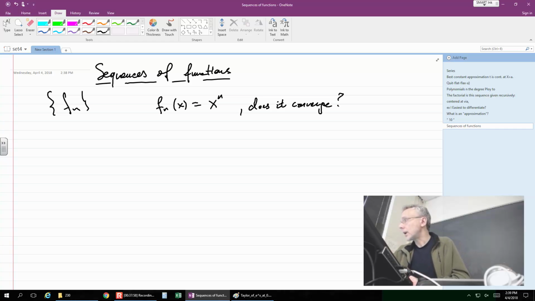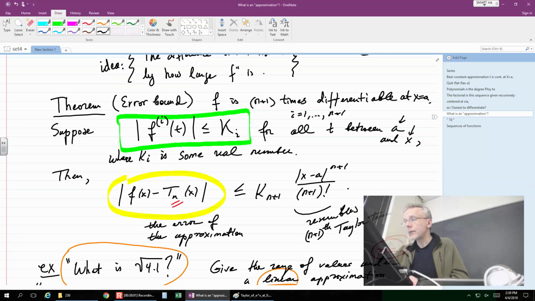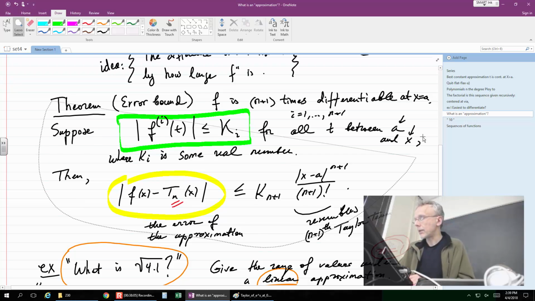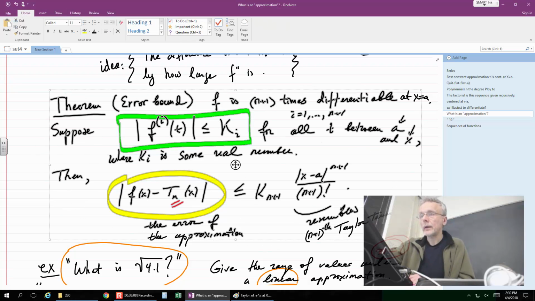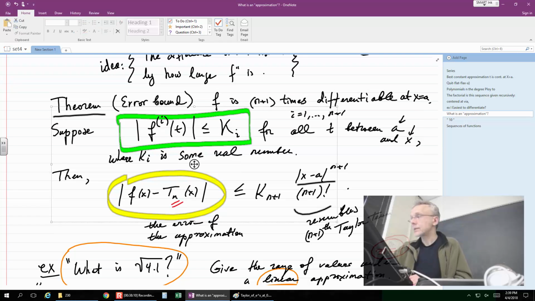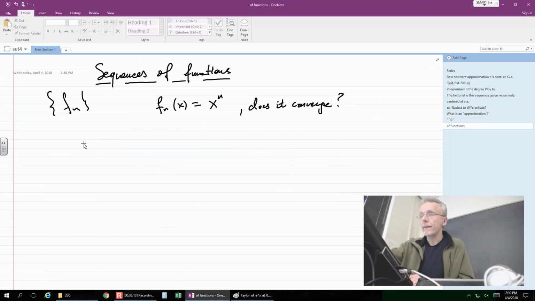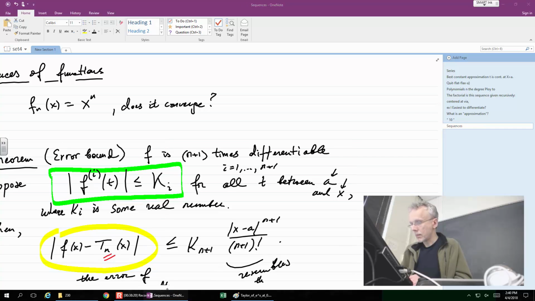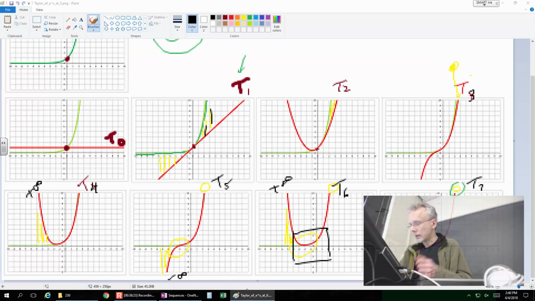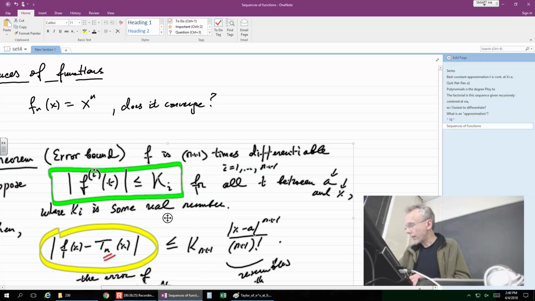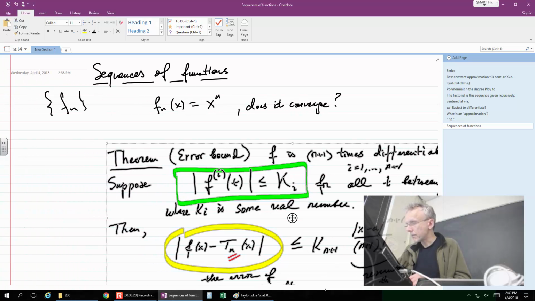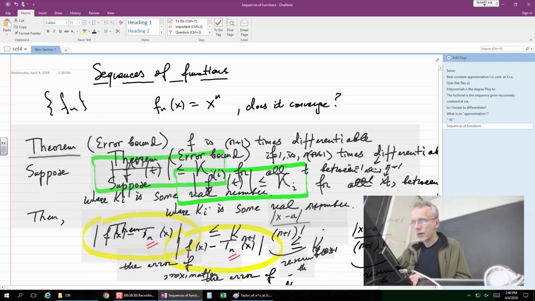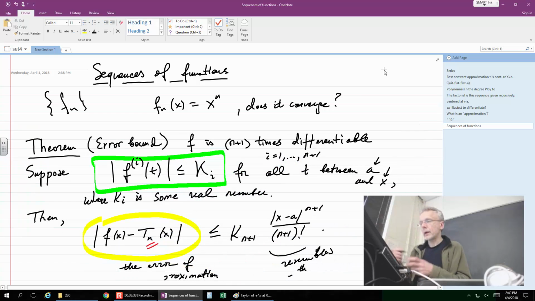Well, it turns out we already have the answer to that, if we just go back to the error bound. Let me copy this so I can discuss this. Okay, so this is my error bound theorem.